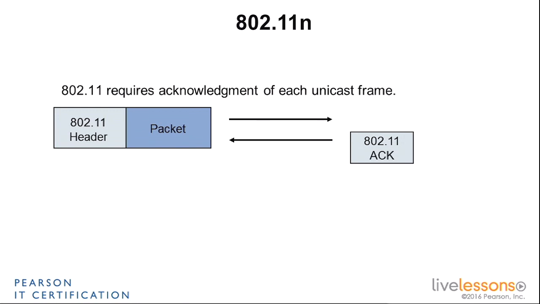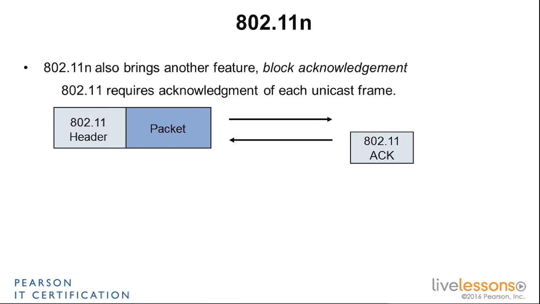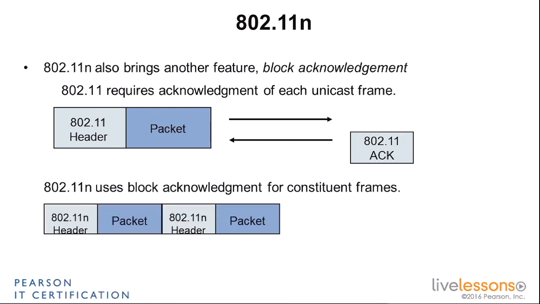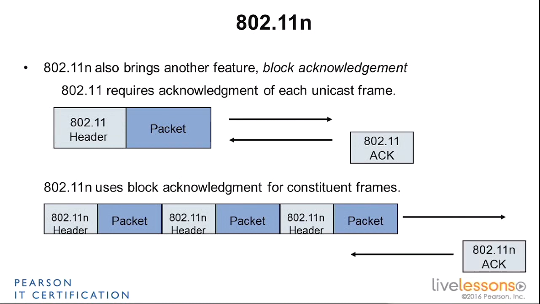But 11n goes further and allows you to send a block of frames, and then after this block is being sent, you just send one single acknowledgement from the entire block. And when you send that acknowledgement, you say which frames in the block got received properly and which ones were not received, which allows you to only resend those in the block that were not received properly.